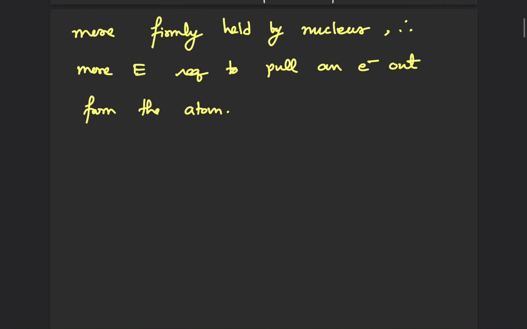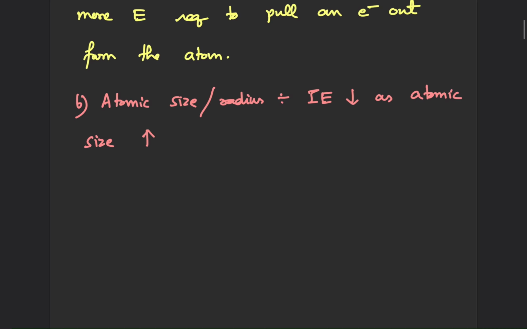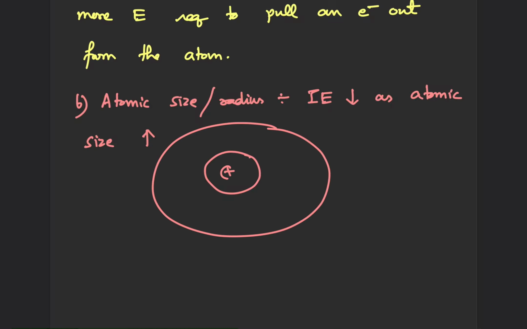Okay, and the second factor is atomic size or radius. So ionization enthalpy or ionization energy decreases as atomic size increases, because as the distance of outer electron from the nucleus increases, so let's say this is our nucleus.